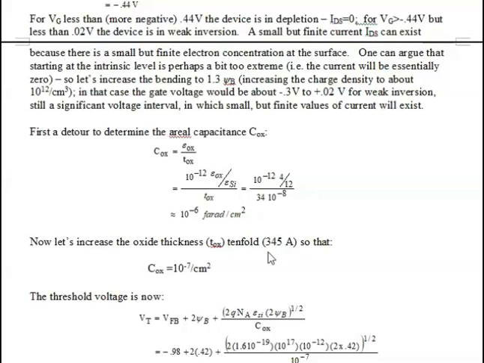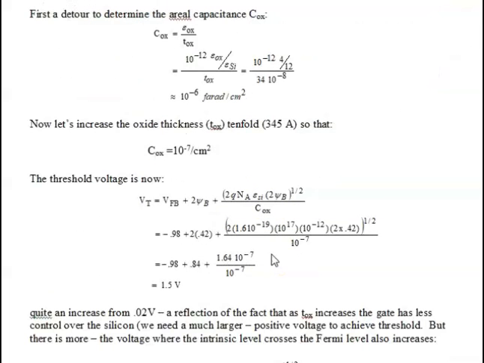So if we have a greater oxide thickness, as Tox goes up, Cox goes down, and in fact, exactly as we'd expect, there is a factor of 10 decrease in the C oxide as the T oxide increases by a factor of 10. And then we get a new threshold voltage, not 0.02 volts, but plus 1.5 volts.